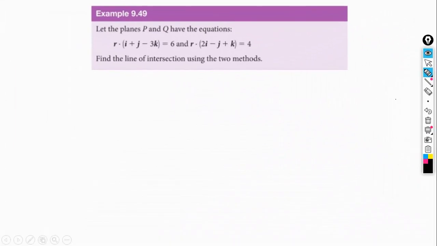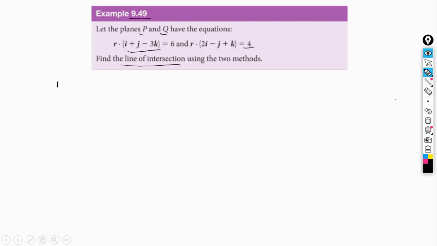So now we do example 9.49, which will be the last one in this video. It says, let planes P and Q have the equations r dot (i plus j minus 3k) equals 6 and r dot (2i minus j plus k) equals 4. Find the line of intersection using the two methods.